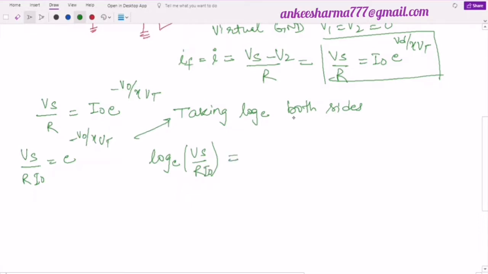And on the right hand side, this exponential will be removed. I will get only minus V0 by eta Vt. So I need to find V0, which is now coming in the form of log of the input source, that is Vs. So I can write V0 equal to, taking all this on the other side, minus eta Vt natural log of Vs by R I0.